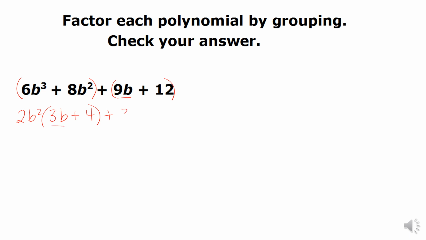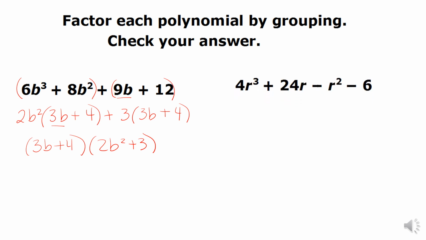Oh, so I'm going to factor out a 3. And I get 3b, and then of course, check to make sure that when you divide 12 by 3, you also get 4. Okay? Then you're going to regroup 3b plus 4 times 2b squared plus 3. And again, it doesn't matter which order your sets of parentheses are in.